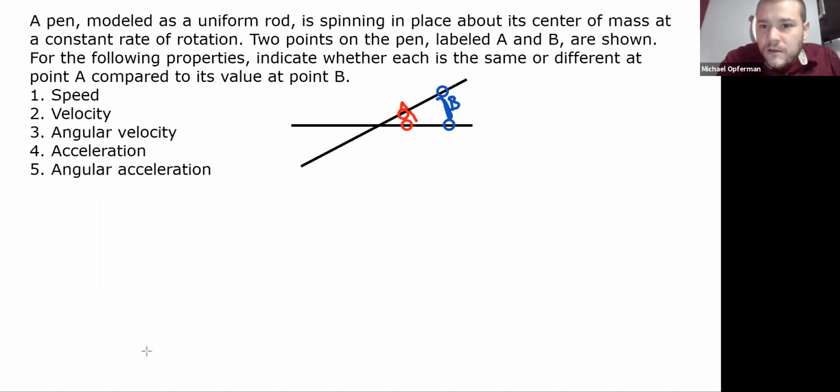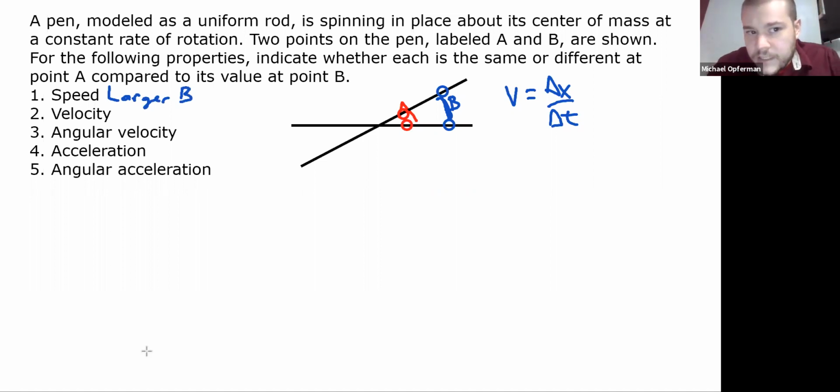Since speed is basically delta x over delta t, the speed has to be larger for B, because B goes a longer distance in the same amount of time.